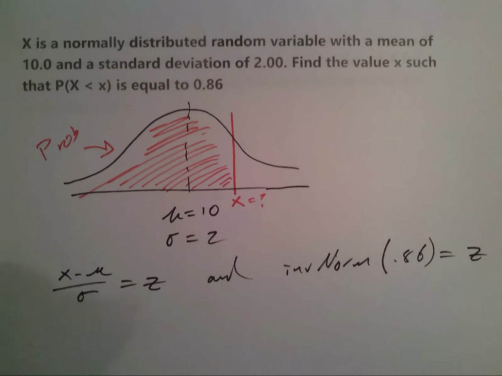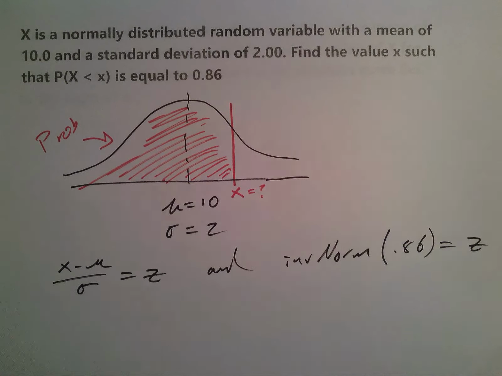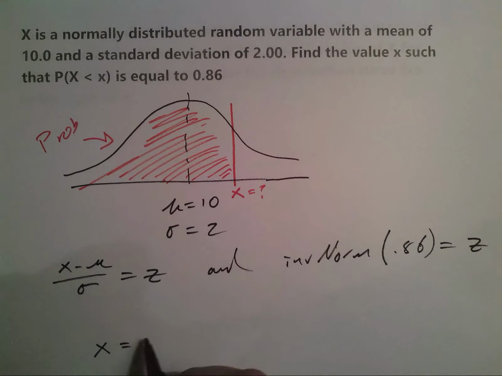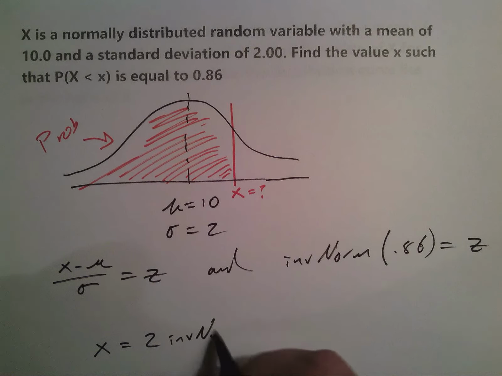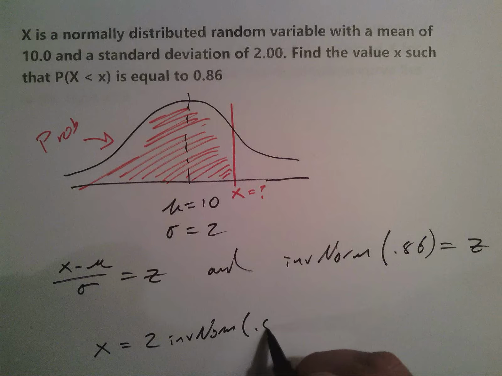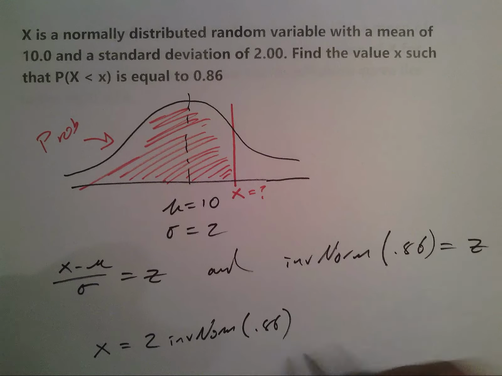So from here, I'm just going to do a little bit of algebra. I know that x is going to equal twice my z value, so my inverse norm of 0.86, and then I'm going to add 10.